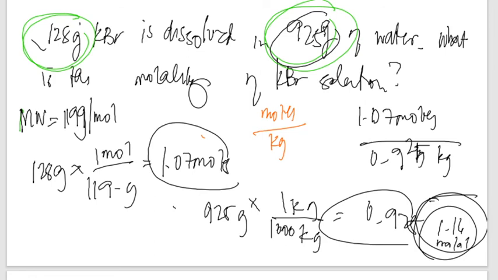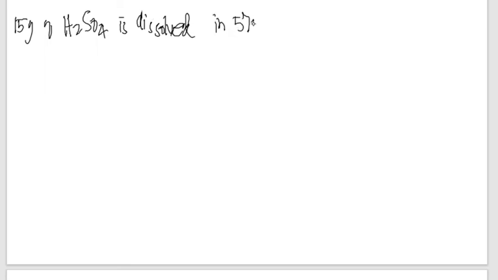Now, for the last question ng molality, okay, check natin. 15 grams of H2SO4 is dissolved in 575 ml of water at 80 degrees Celsius.